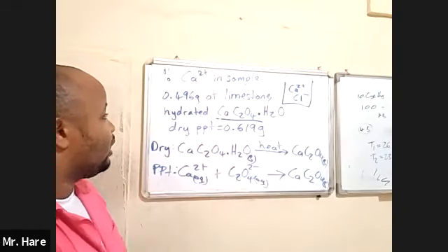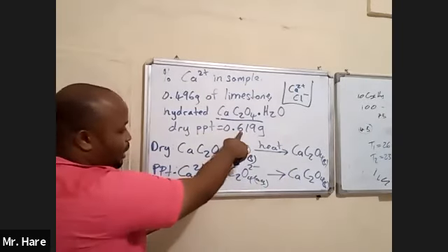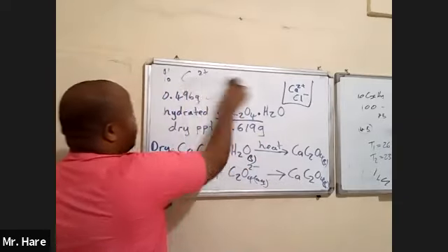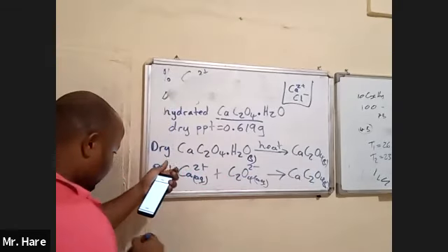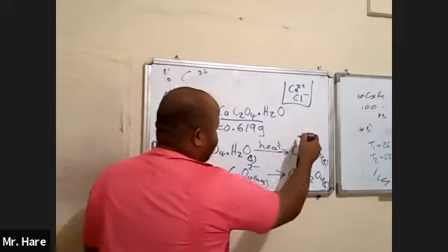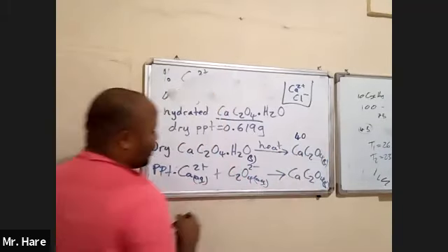So how do we calculate moles? If we have the mass and we want moles, what is the formula? Mass over Mr. Let me see if they gave it on the paper. No, they did not. Right, calcium is 40.